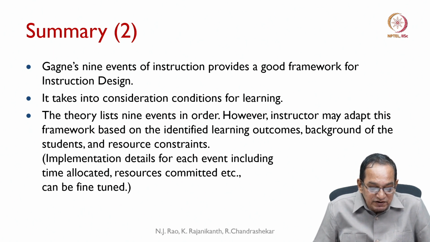So, the implementation details for each event, including the time allocated, resources committed, etc., can be fine tuned. The instructor may spend more time on some of the events and practically no time on some of the events. So, there is a considerable amount of flexibility in how these 9 events are actually implemented in practice.